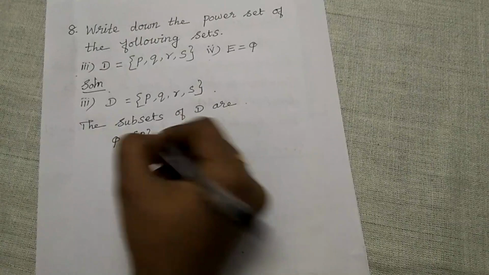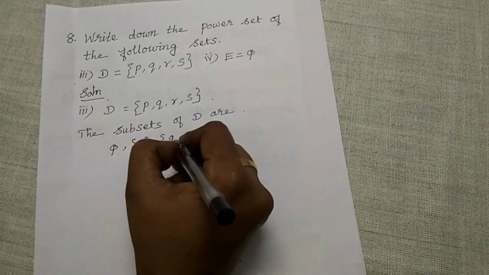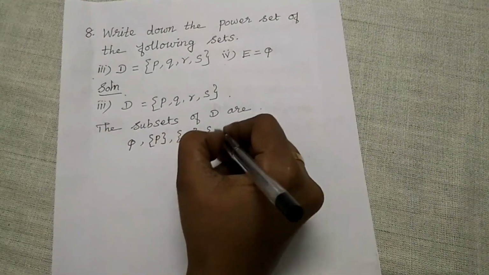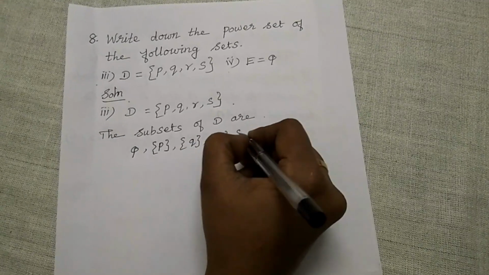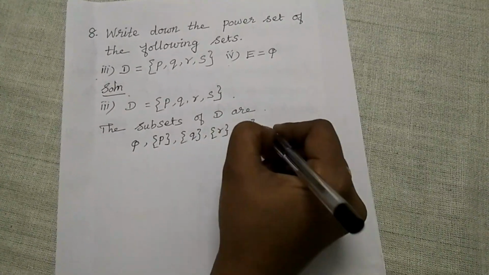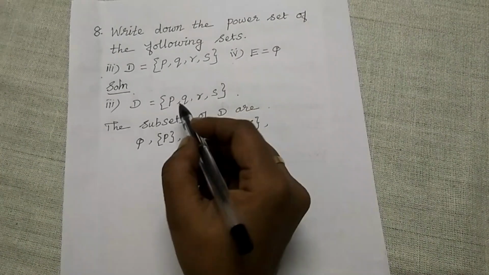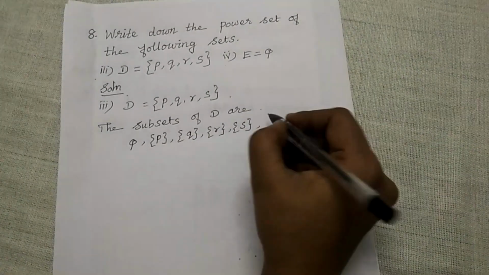Okay, set of P, then set of Q, and set of R, and set of S, then two elements. Together we have to take.